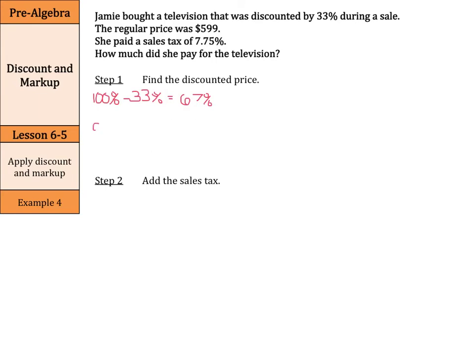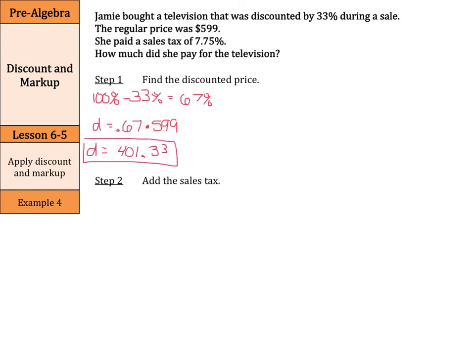So I can say, all right, my discount is going to equal 0.67, 67% as a decimal, times $599. So my discounted price is going to be $401.33.